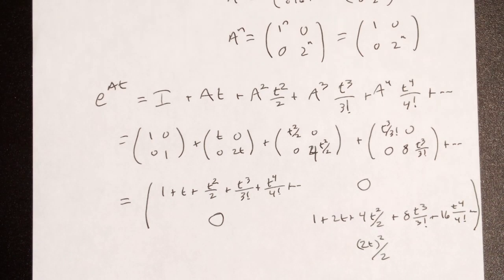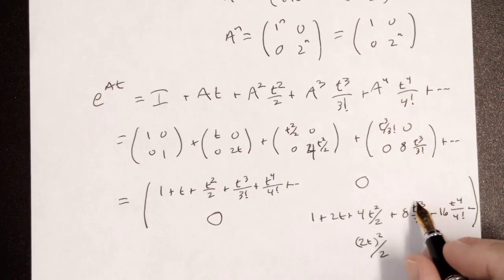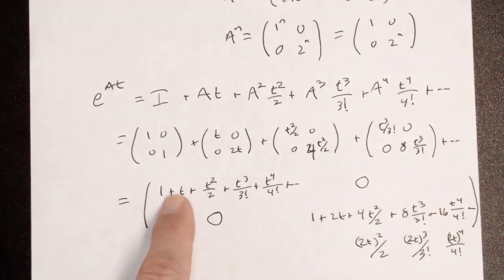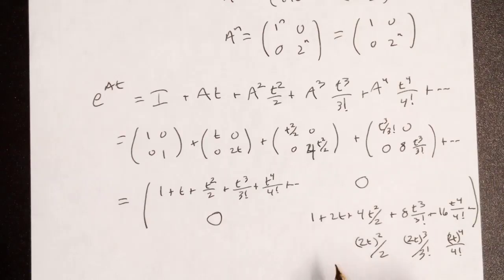What about the next term? And then here it would be 2t to the 4th over 4 factorial. Hey, wait a minute. Whatever this is, this is the same thing with a 2t replacing the t.